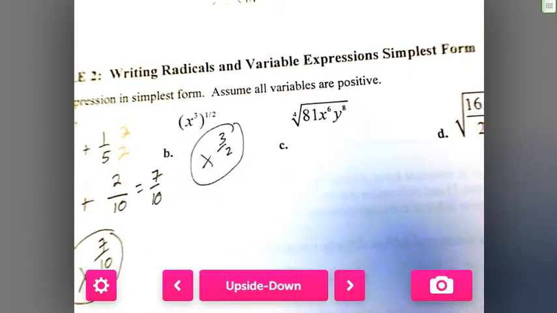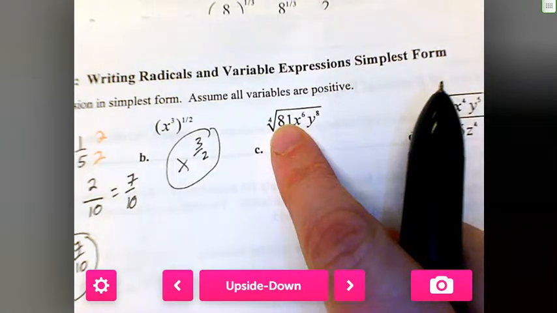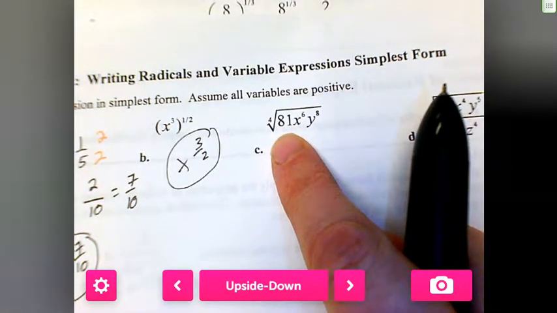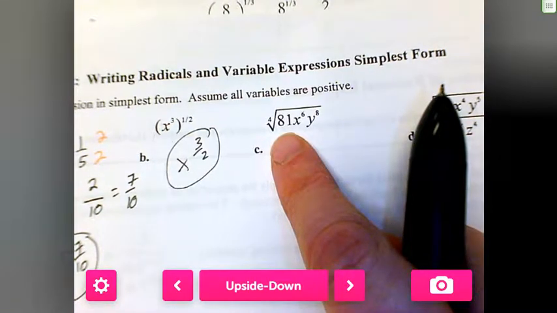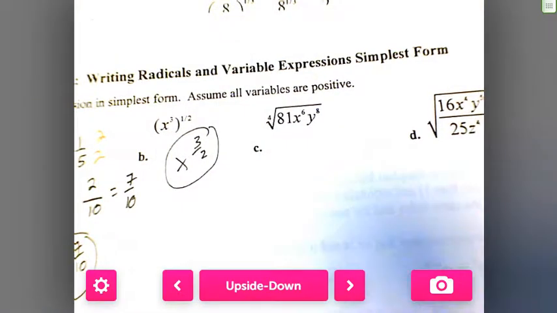All right, now we're getting into this 4th root thing. If we're not going to use our calculator at first, let's think about that. What's the 4th root of 81?